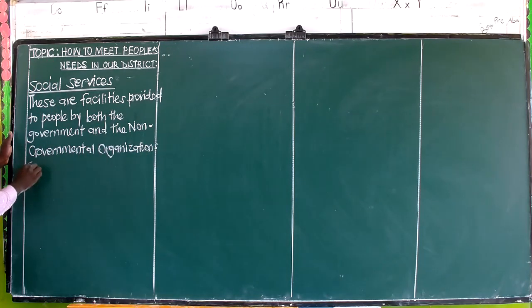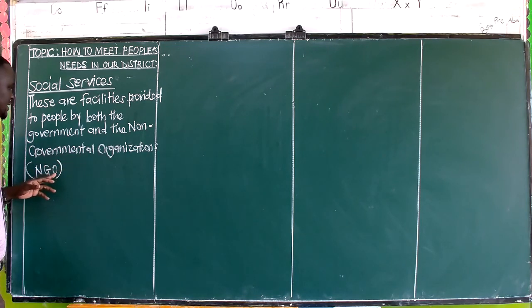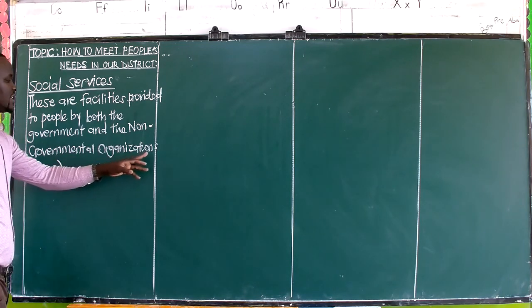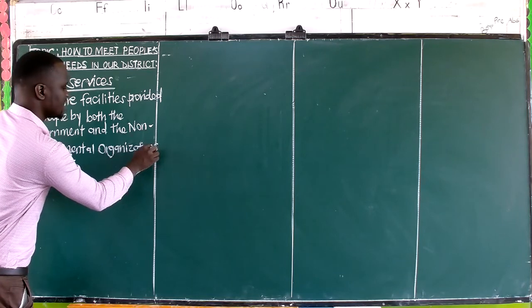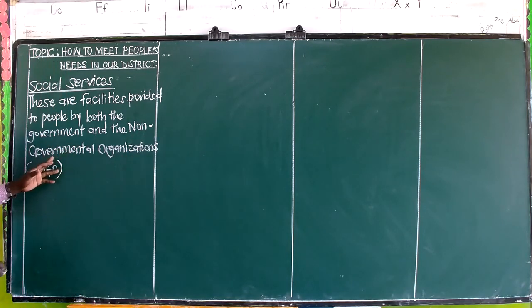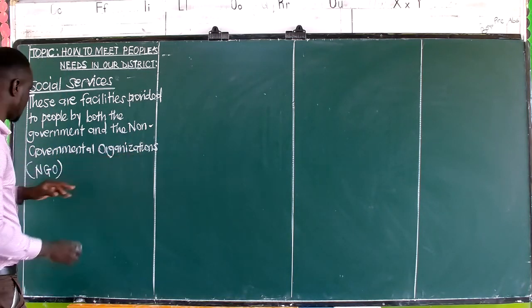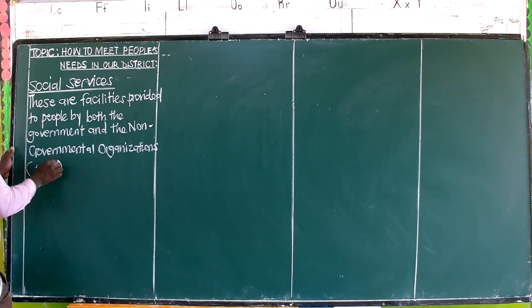These are the ones that we call NGO, that is, if it is one non-governmental organization. But because we are having it in plural, as you can see there is S here, we are going to add S here to form non-governmental organizations.